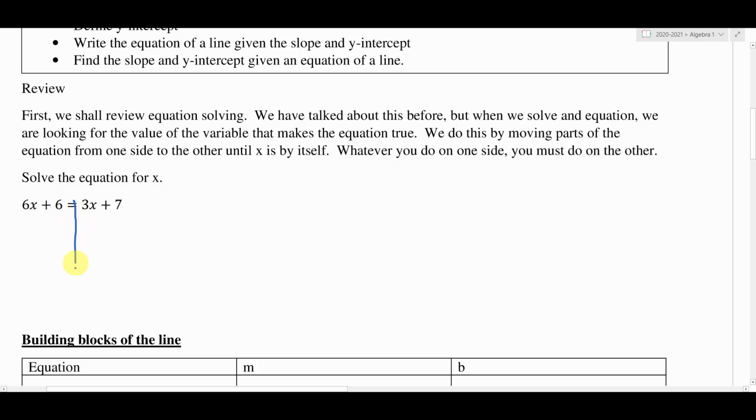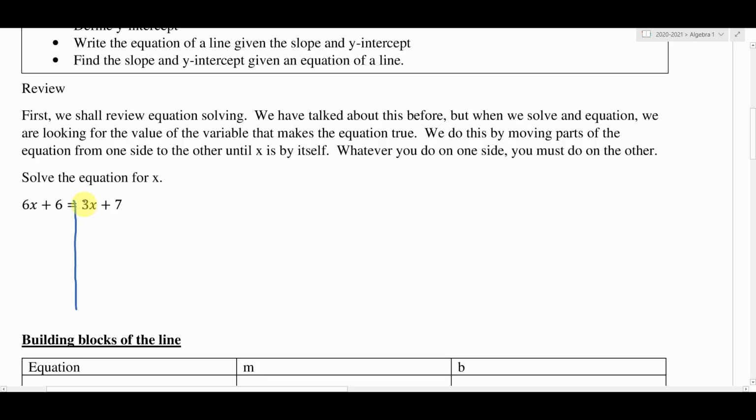Okay? So we always kind of demonstrate this by drawing a line, and we start picking something to move. Now this one looks a little complicated because it has an x on both sides, and since we're trying to get x by itself on one side, it would make sense that we need to get all of our terms that have an x in it on one side of the equation. So I'm going to start by moving this 3x.